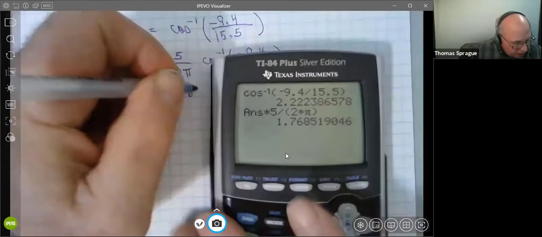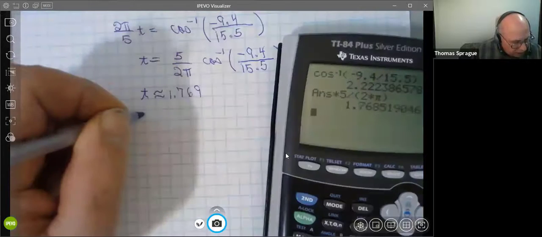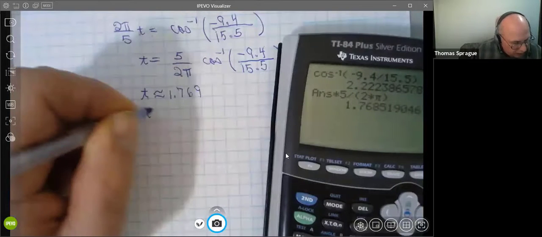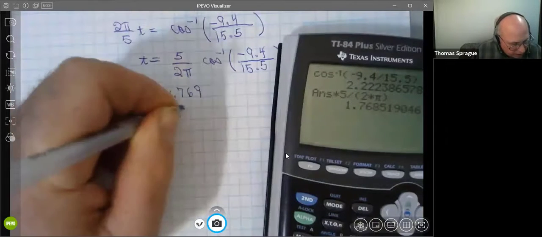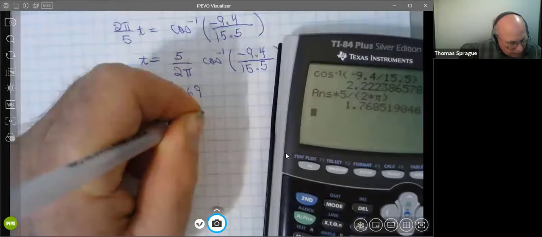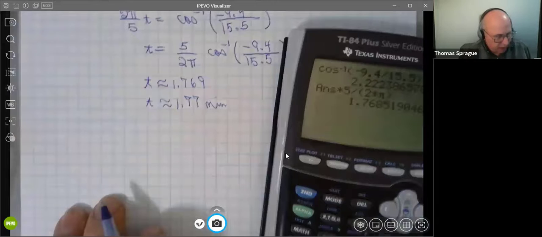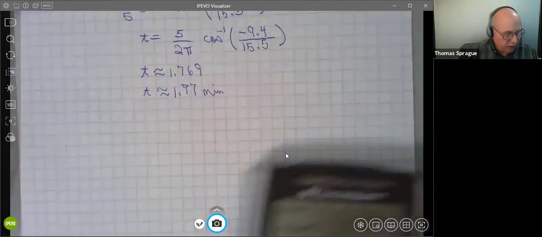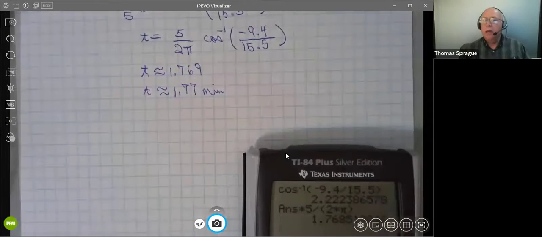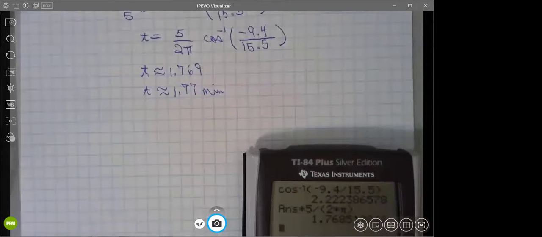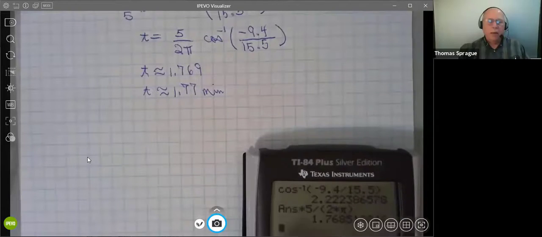Not that it matters, because the question said to round to the nearest hundredths, right? So I get 1.77 minutes. So that's my first way of solving this problem. Does that make sense? Yeah, perfectly.